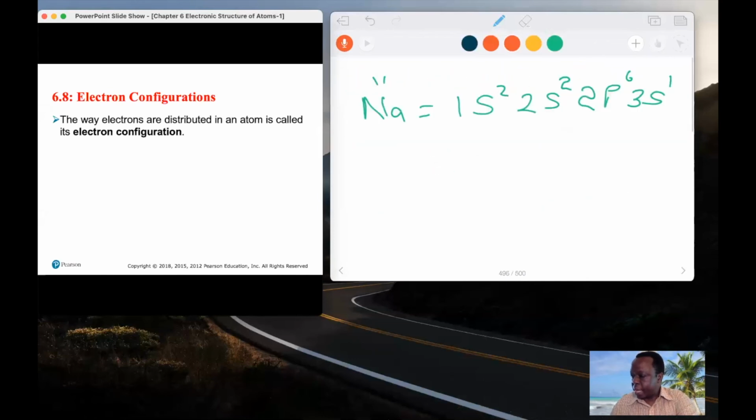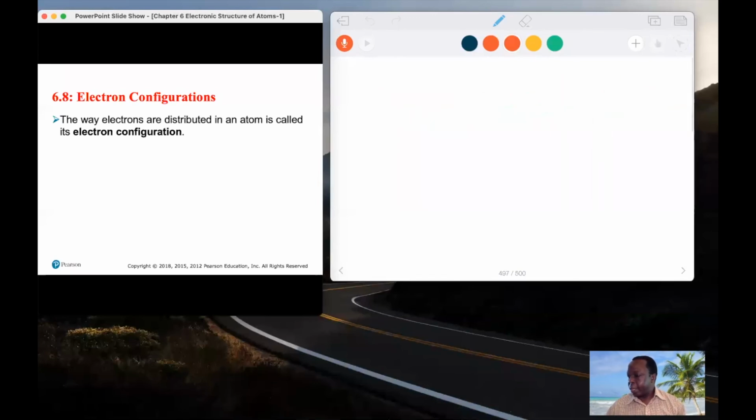Here, for example, is the electron configuration for sodium. In the third method, you look at the element in question, go 1 row above it, and go all the way to group 8. In sodium, the closest group 8 is neon.